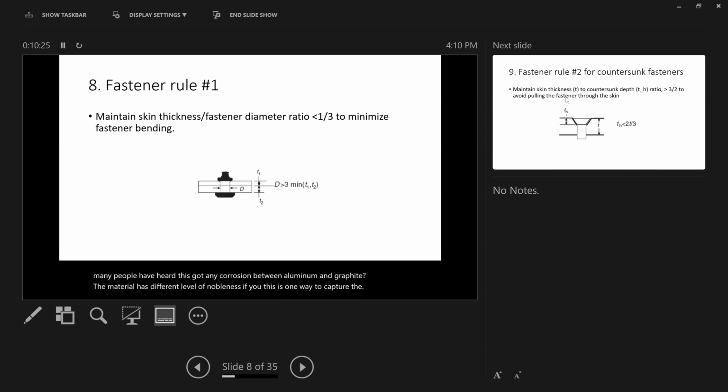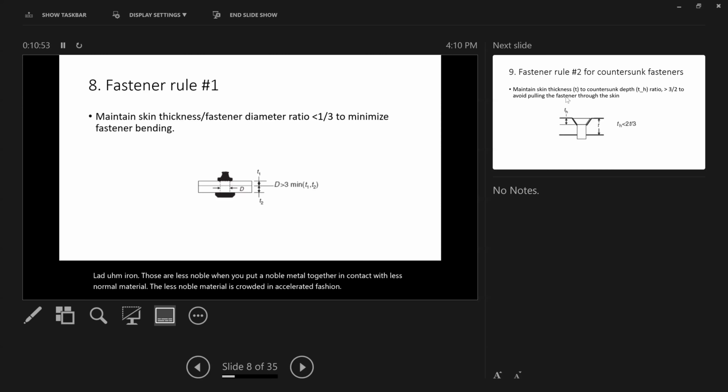For example, precious metals like gold, platinum and silver, we call noble metals. And then zinc, lead, iron, those are less noble. When you put a noble metal in electrical contact with a less noble material, the less noble material is corroded in an accelerated fashion.